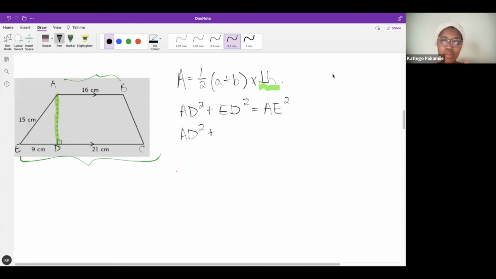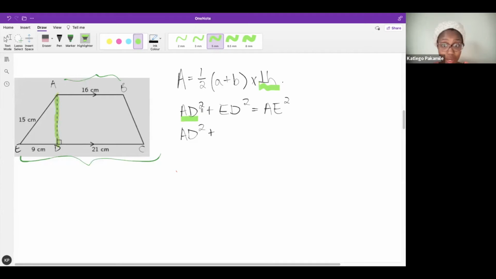Yes, Ropafatso. Ma'am, why are you adding AD and ED? Mustn't you subtract? No, Ropafatso, look which side I added. AD is which one? The green one that's going down, isn't it? But it doesn't have a length. That's what we want. So you start off with the original formula for Pythagoras, okay?